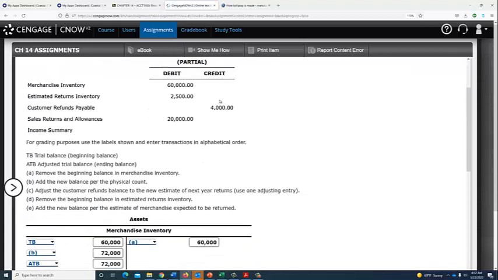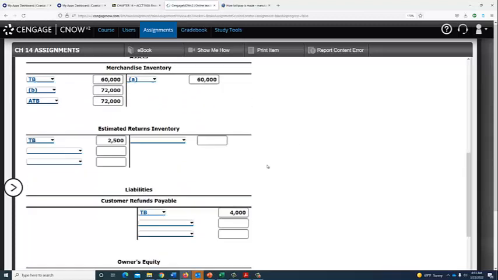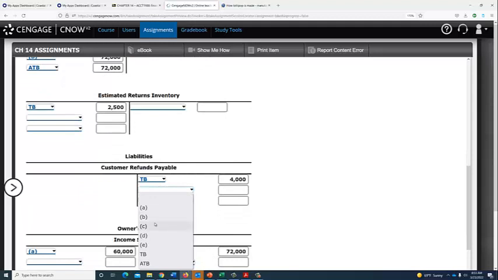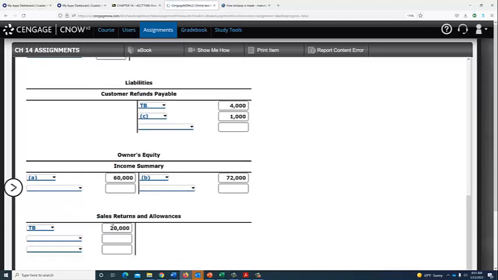Okay, so we have a credit of 4,000. To make that go to a 5,000 credit, we need to credit customer refunds payable for $1,000. So we'll come down to customer refunds payable, and for C, we'll add a credit of $1,000. Now our offsetting debit to this is going to be our sales returns and allowances account.